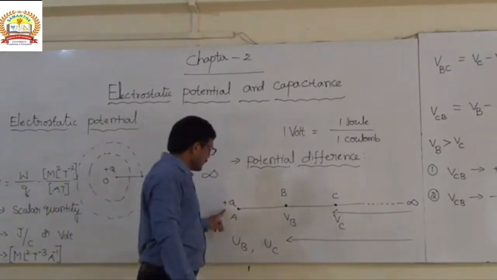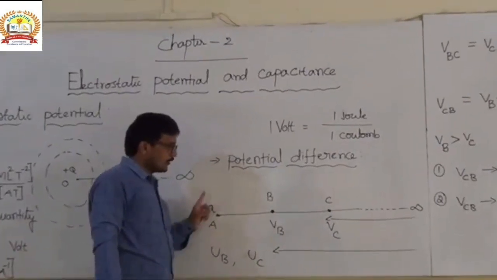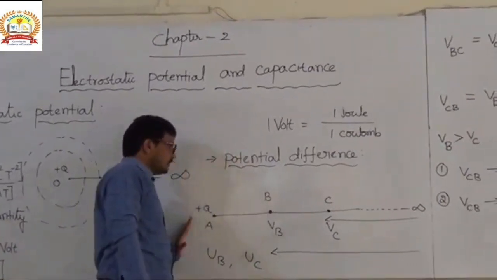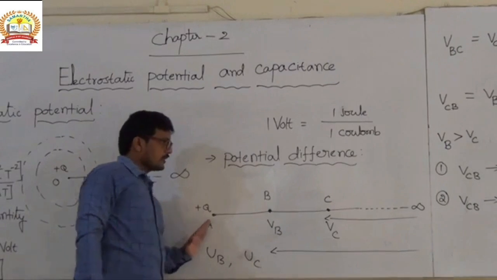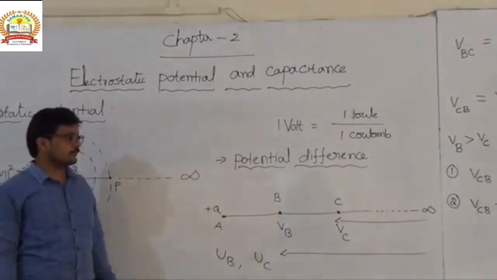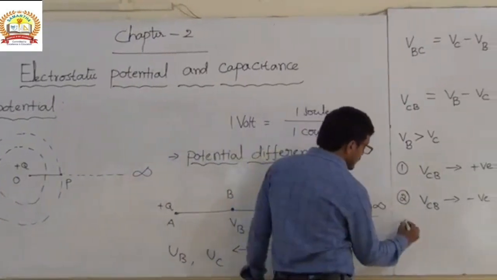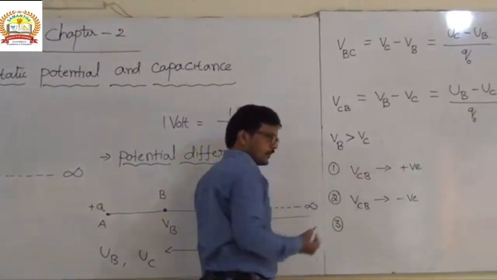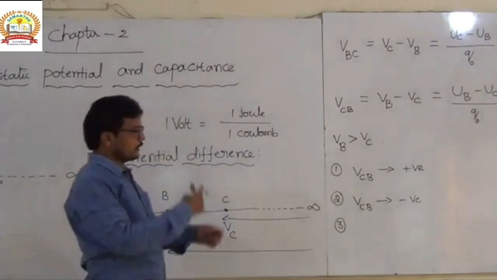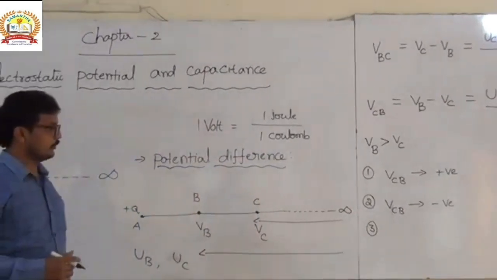So when the charge is positive, the electric field is directed away from the charge. When the charge is negative, the electric field is towards the charge. And one more point: the positive charge gives rise to positive potential and the negative charge gives rise to negative potential.